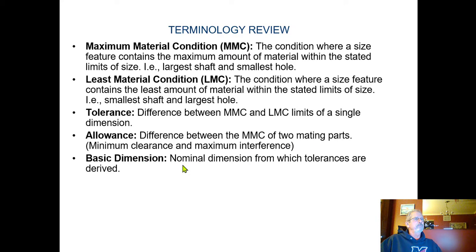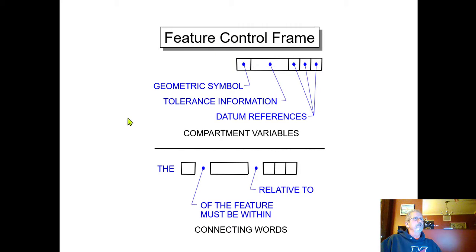Okay, and basic dimension is just a nominal dimension from which tolerances are derived. And feature controls, this is your geometric symbol, your tolerancing information, and your datum references, datum A, datum B, datum C. Okay, so connecting the words within the features, that all works to what our tolerances are.